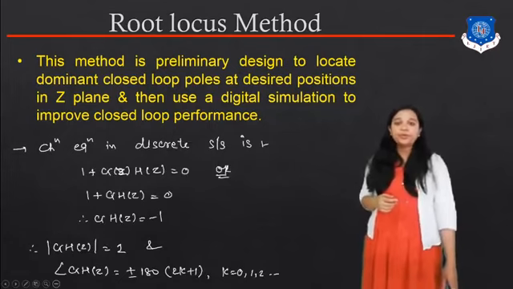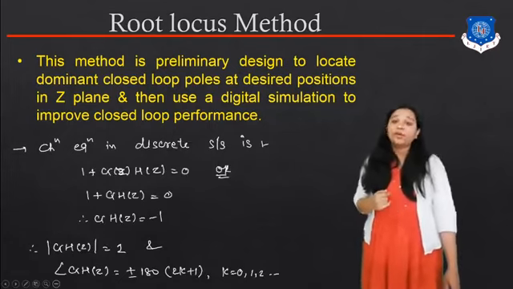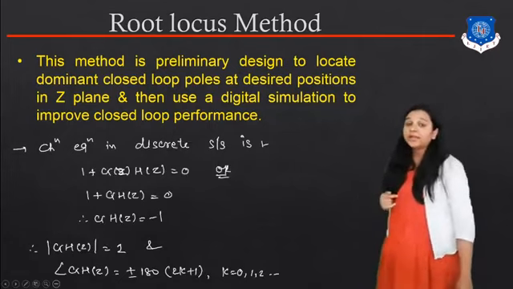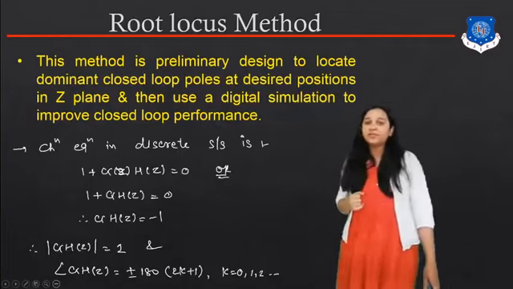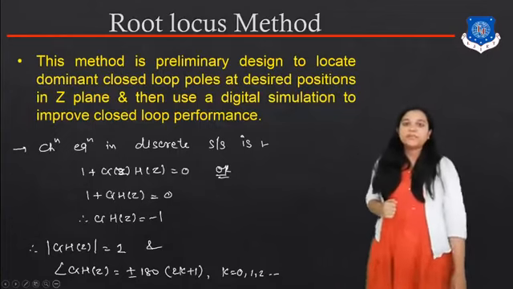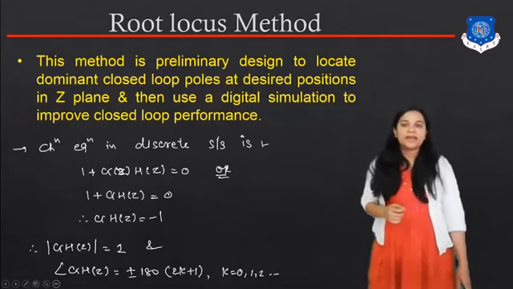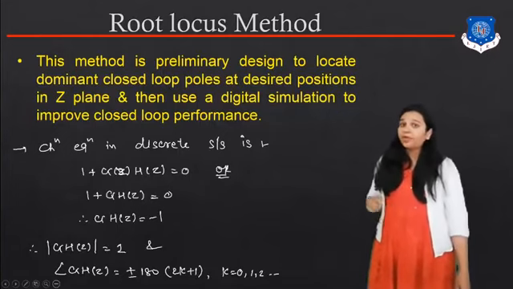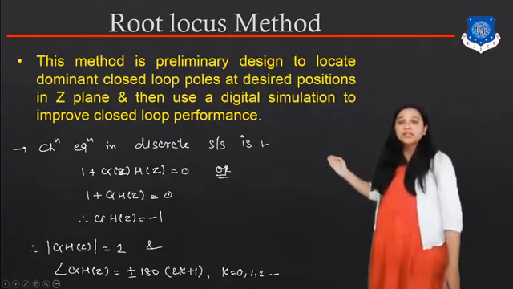Okay. So, whenever we study control systems, the characteristic equation of the continuous time system is 1 plus G(s)H(s) equal to 0. Now here we deal with the discrete system.